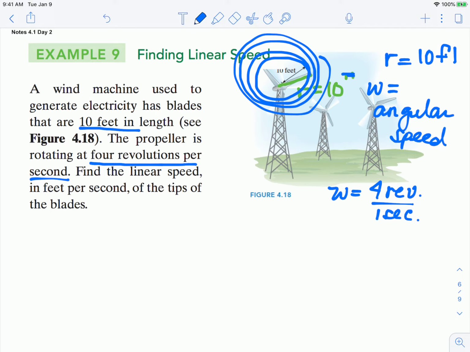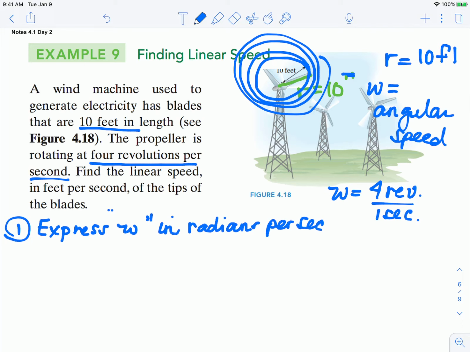So step 1, we have to express our angular speed in radians per second. Notice here it's revolutions per second, not radians per second.